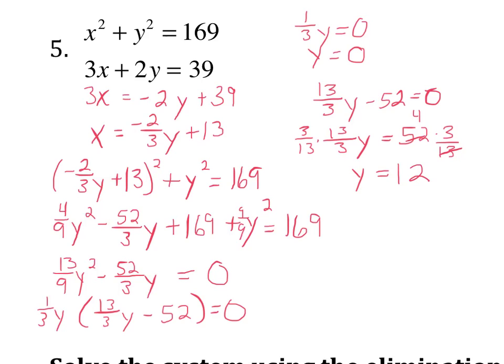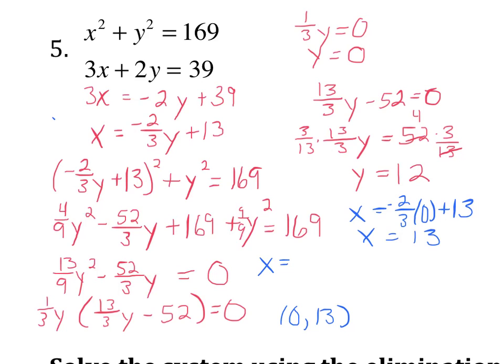So now we still need to find our x values, so we can just plug 0 in for y, and we'll get that x equals 13 when y equals 0, so we'll have a solution at 0, 13. Then we'll plug in 12. And let's see, -2/3 times 12 would be -8. -8 plus 13 would equal 5.